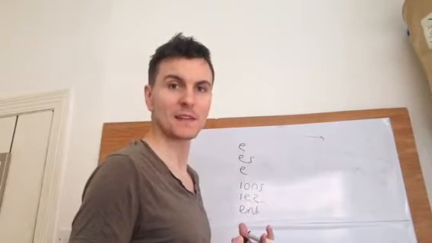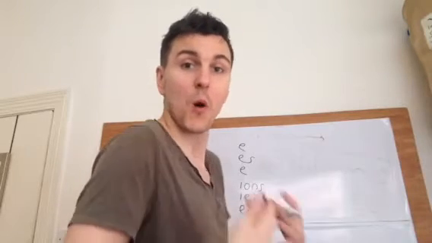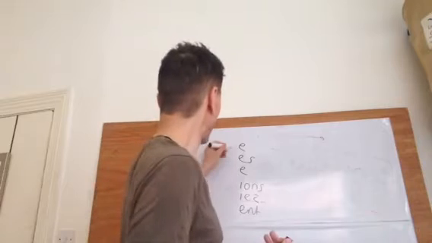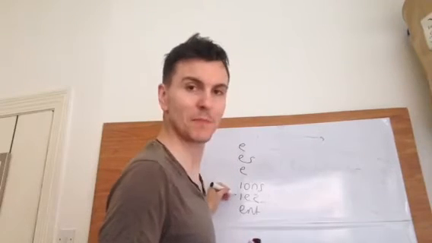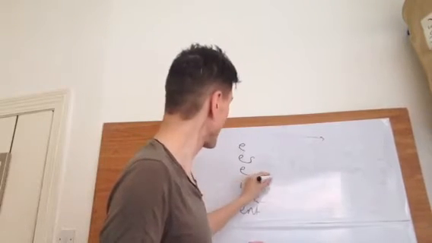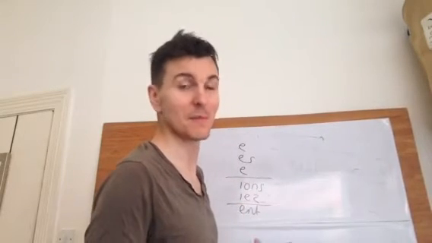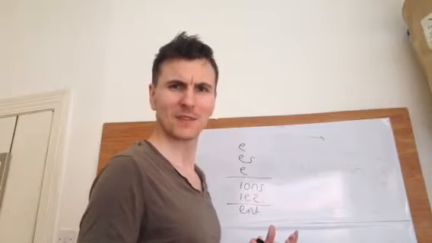So for example, parler, classic normal verb: parle, parles, parle, parlions, parliez, parlent. So apart from these two, which look like the imperfect tense, it looks like a normal verb.